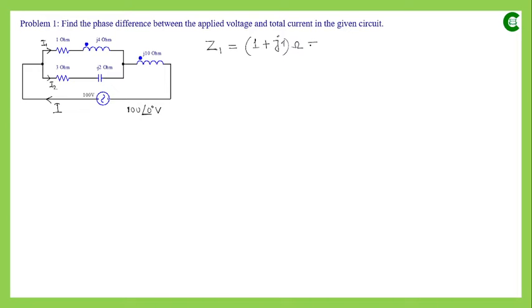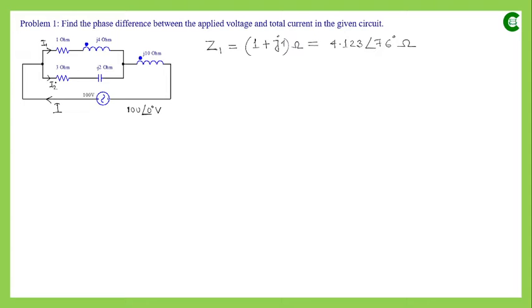If we want to convert it or represent it in polar format, then we can either apply the formula or use the calculator directly, and that value we will get finally as 4.123, and the angle will be 76 degree, and since this is impedance, the unit will be ohm.